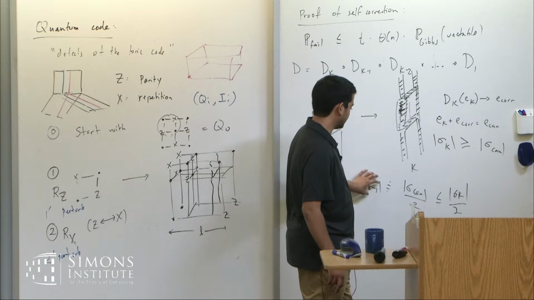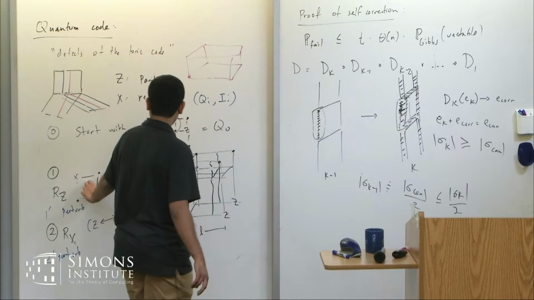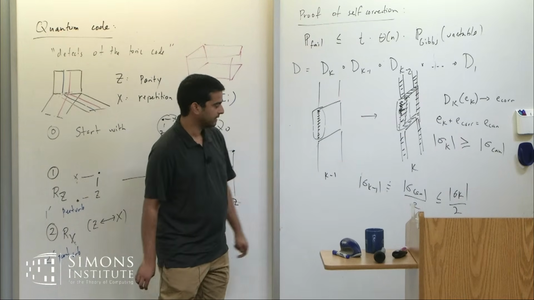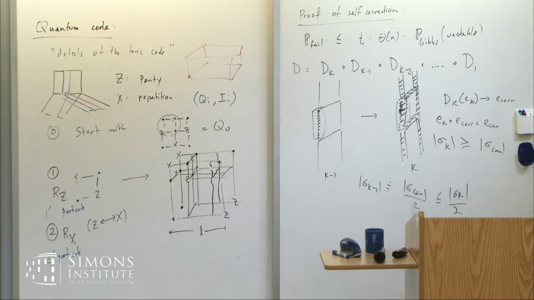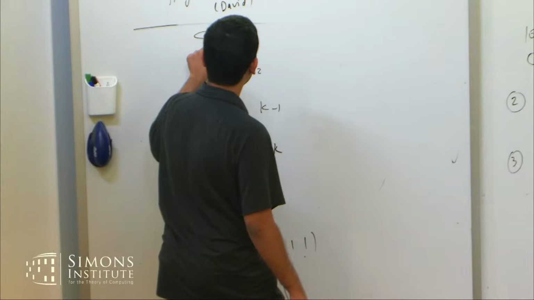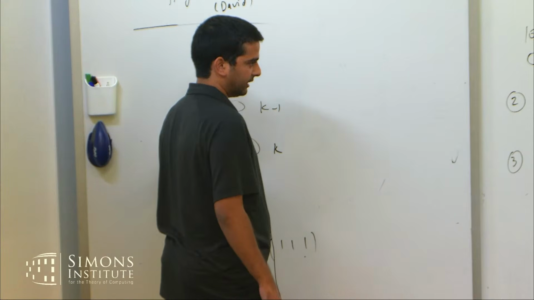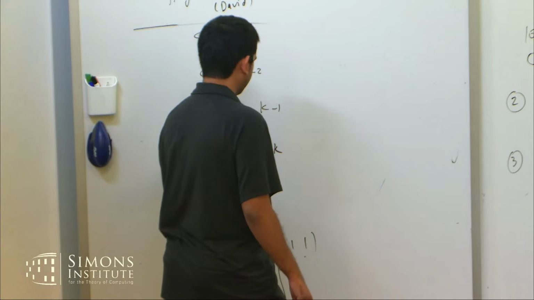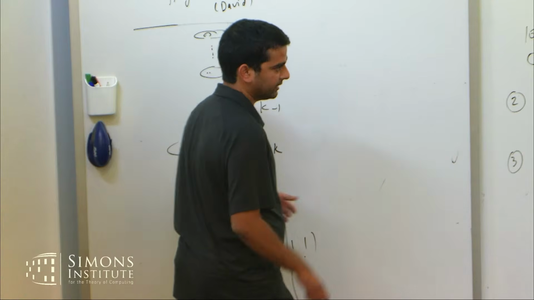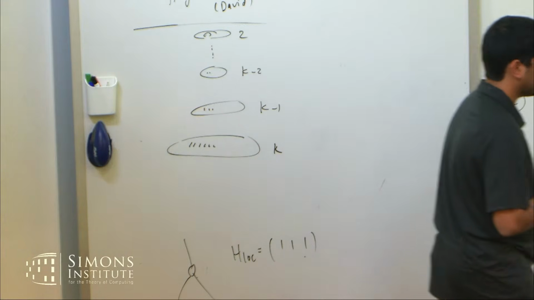So the syndrome at this level is smaller by a factor of 2. If you have a syndrome that's still present at some level 2, this corresponds to some very large weight syndrome. And because it's a very large weight, it costs a lot of energy, and that's how you can run the Peierls argument.